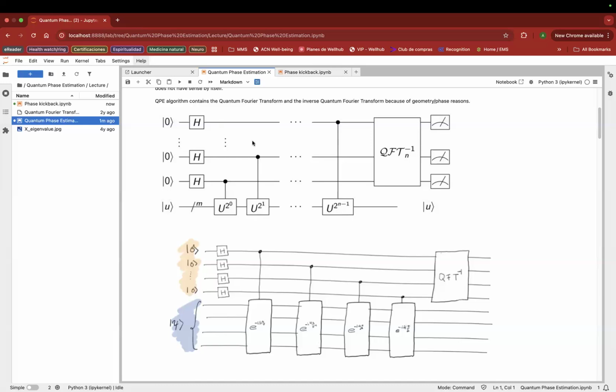We apply the controlled operator quantum gate. Finally, the target qubit remains unchanged while the control qubits change, so we apply the quantum Fourier transform dagger to send the information that we want to measure from the phase of the eigenvalue to the eigenstate itself, so we are able to measure it in a real quantum computer.